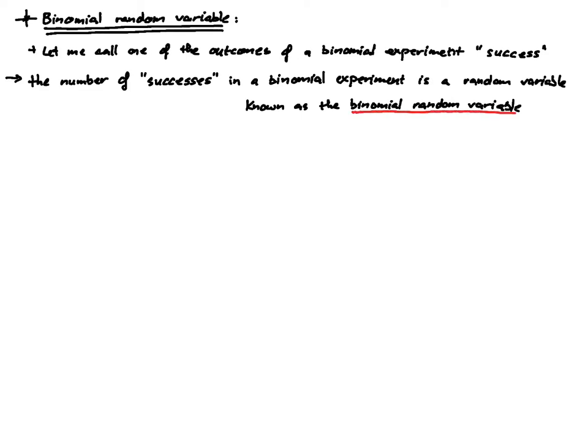Now recall that for something to be a random variable, it has to be random and it has to have a probability distribution. Right? So let's look at our variable here. First off, the number of successes is random because before the experiment we don't know how many successes we are gonna get, right?